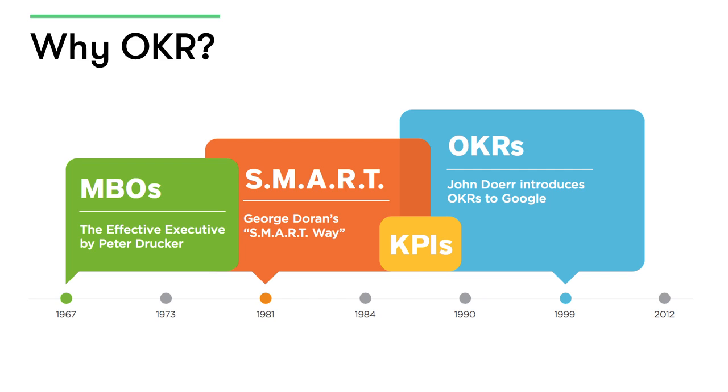So why should we choose OKR as a performance management tool rather than any other tool? Because you can see that there are other management tools. But first, we don't have any performance management system at Samsao, so we should have one. And as you can see here in the timeline, it's because of evolution.